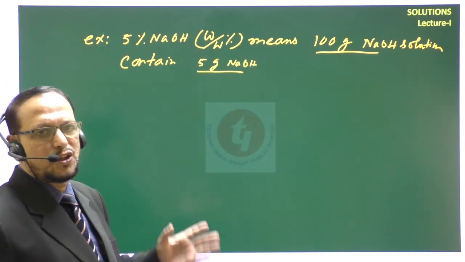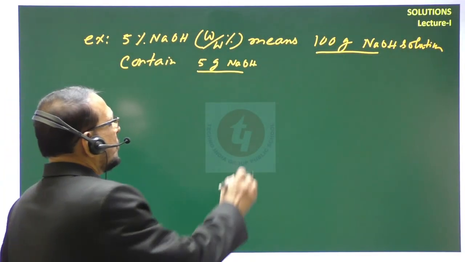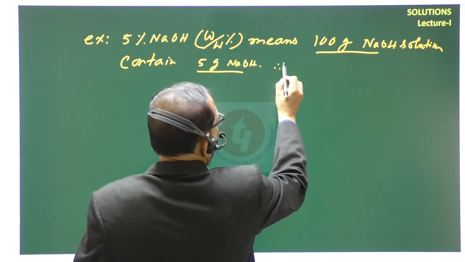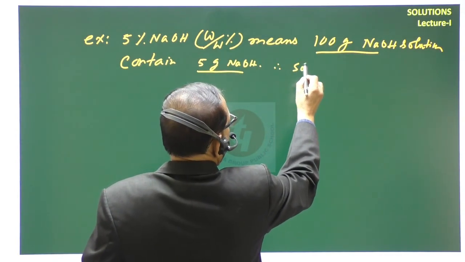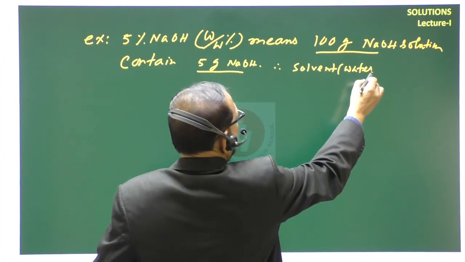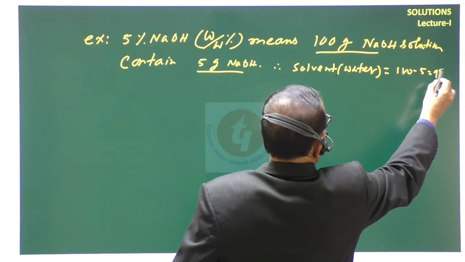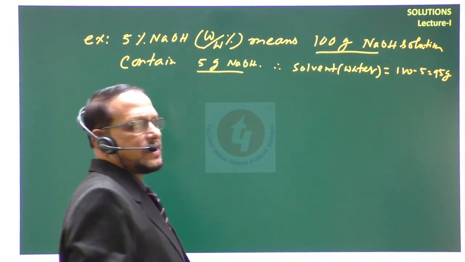For a NaOH solution, we normally consider the solvent to be water. So 5 gram NaOH, and the solvent, water, is 100 minus 5, that is 95 gram. I think it is clear.